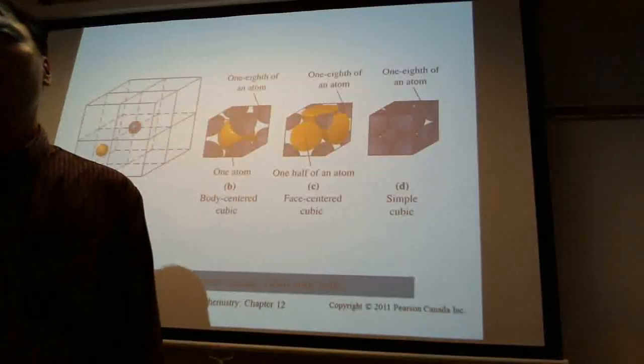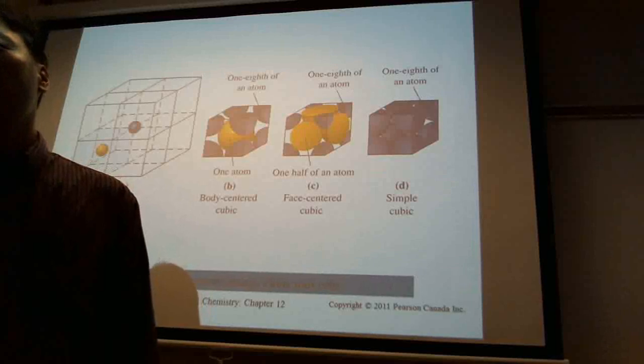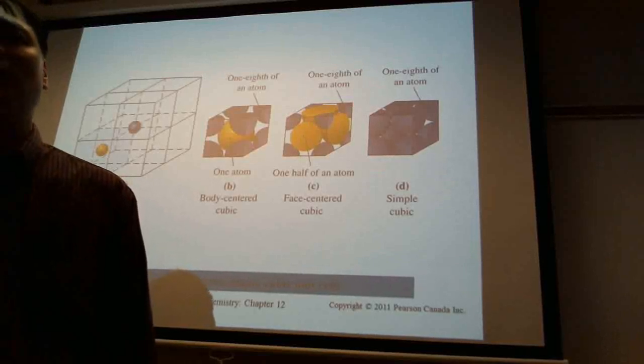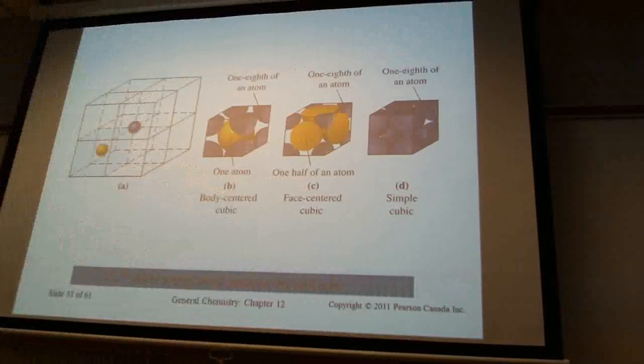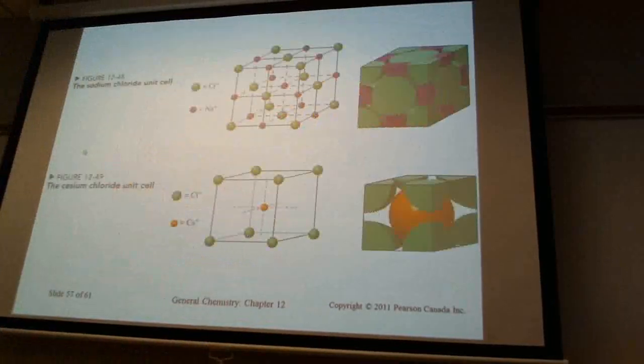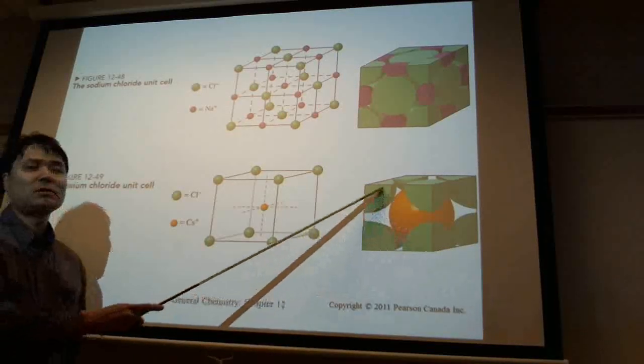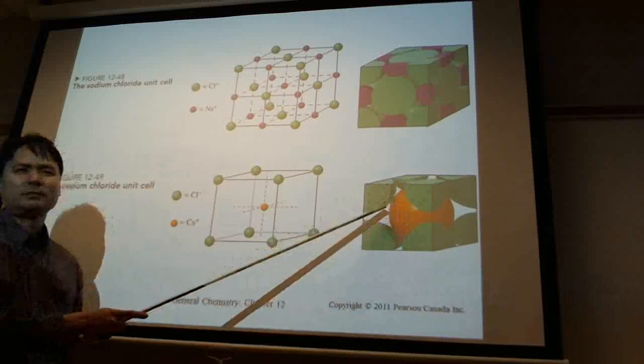It's surrounded by a cube of atoms. That huge gap in the middle can fit smaller atoms. So try to put a green atom in the middle. If you put a green atom in the middle, then what you just built is the cesium chloride lattice.